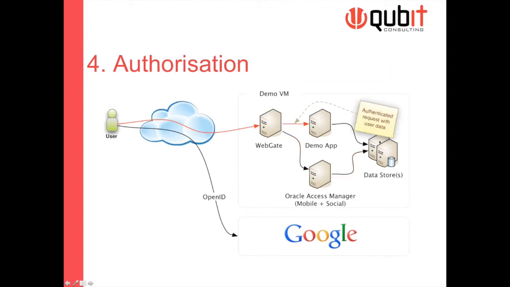After that, your user has been established, and the initial request is now allowed through. So you've been passed back. The session has been established locally using the session that was created on your identity provider, and the request is proxied through to your application. In our case, it's a demo app which will show all of the user data that the webgate passes back. And there's an optional step after that.